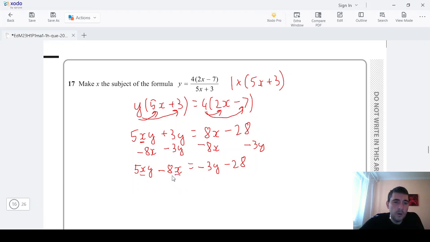We need to factor x, okay, and that's going to be pretty much one of the last steps.